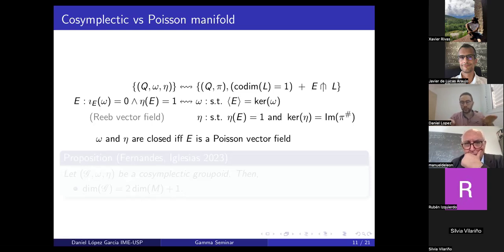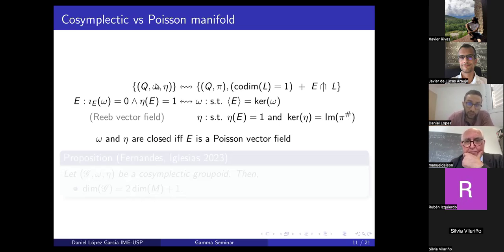You have the Poisson bivector defined on the symplectic leaf. You take the inverse of this bivector and extend by 0 in the other direction, an orthogonal direction if you want. The canonical definition for this direction is by considering this transverse vector field. So the kernel of this omega is generated by this E, and eta is defined by the only differential equation satisfying this equation here.